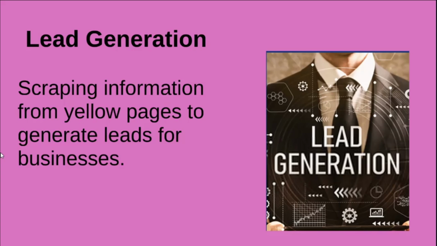Leads mean sales, and sales mean revenue to the company. So indirectly you are adding revenue to that company. So lead generation is a way wherein you can really make money from data extraction, or I would say scraping, right?